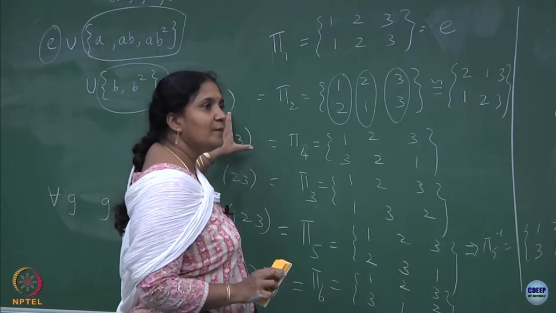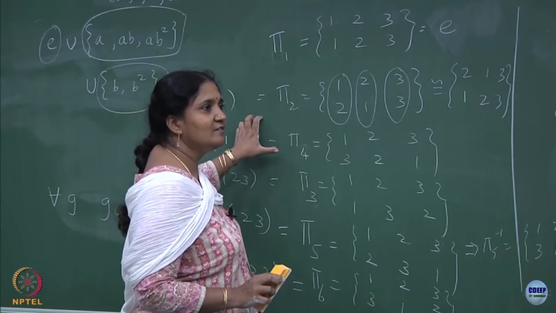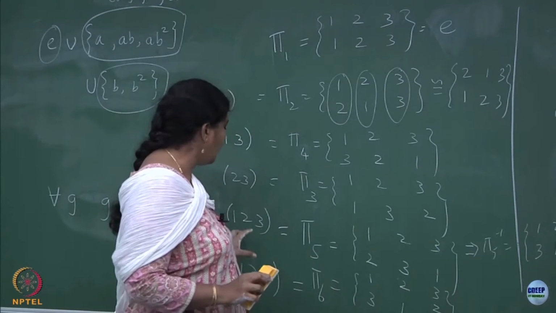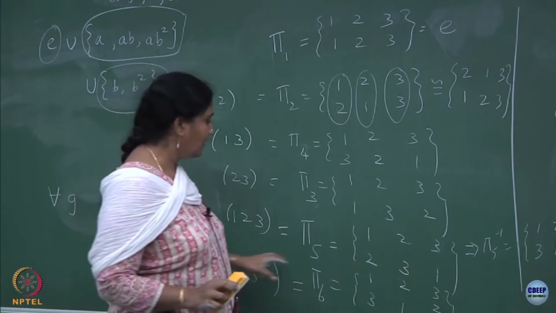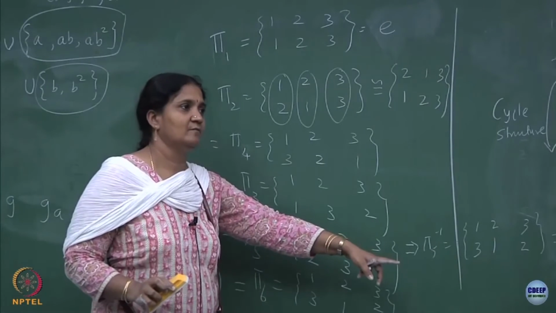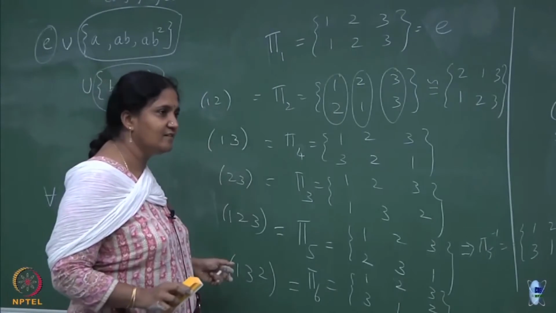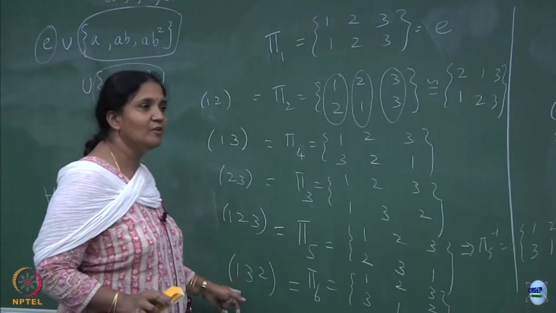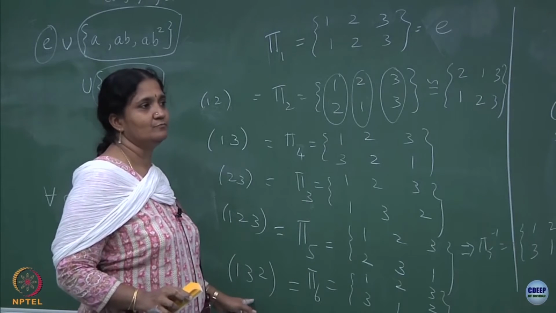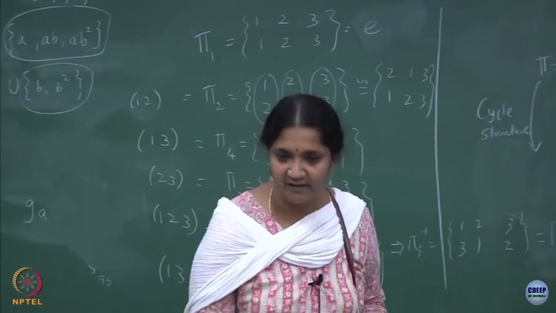It is an order 2 element. This element is its own inverse, and the other elements you can start finding. If you want to find the inverse of any arbitrary element, you do the reverse and write down the element. I will give you the inverse, and you can check whether the inverse lies in that set. 1 2 3 and 1 3 2 lie in that set. So, 1 2 3 inverse is 1 3 2. Okay. So, this much I have given you clarity.